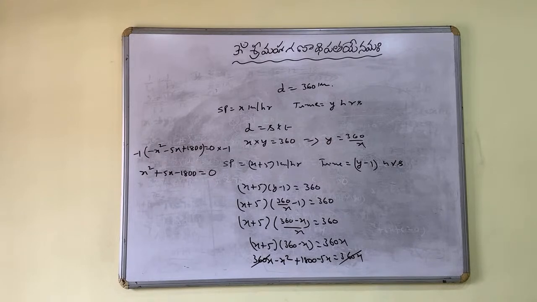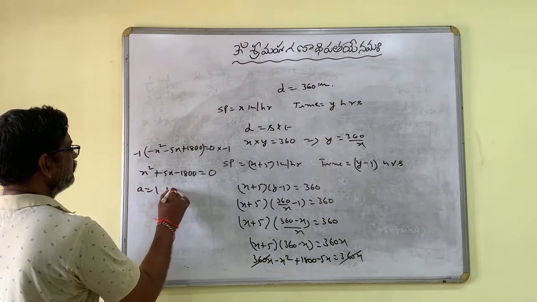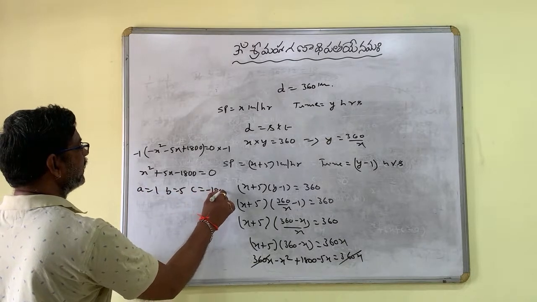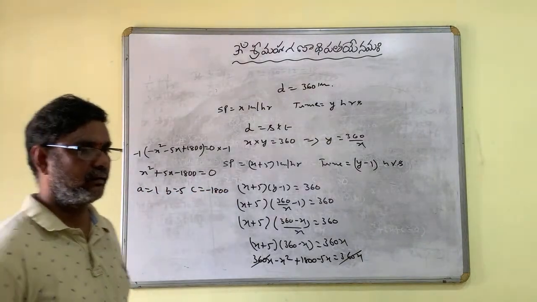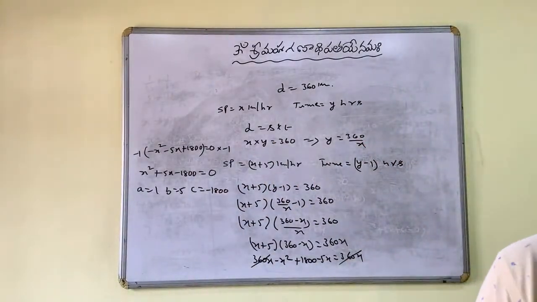Multiply LHS and RHS with minus 1: minus 1 into minus x square is positive x square. Now compare: A is 1, B is 5, C is negative 1800. Apply the quadratic formula and find the value of x.